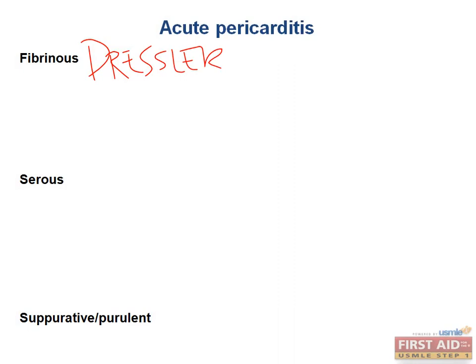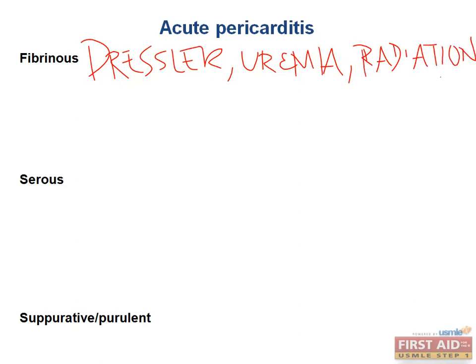Some other things that can be associated with fibrinous pericarditis are uremia, in addition to post-radiation fibrotic responses by the pericardium. So, in fibrinous pericarditis, you would expect to see a very rough, sandy-looking pericardium, right? Because of fibrin, hence the name fibrinous, protein, and a lot of inflammatory cells.